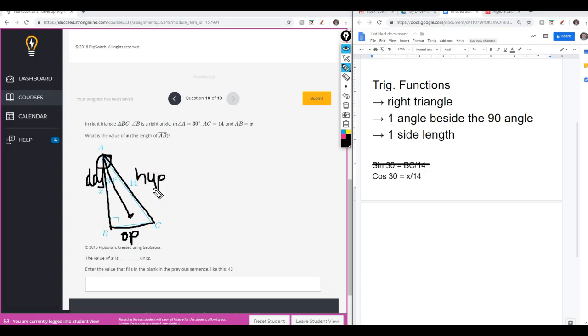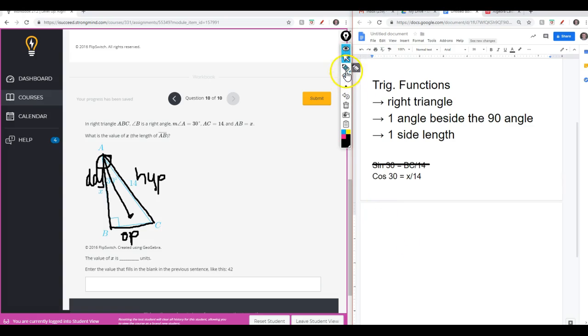And the ratio relationship between adjacent and hypotenuse side lengths is the cosine. So that you can start just jumping to which trig function you're going to be using based on the information you want to find, which side length that is, and the side length that's been given.